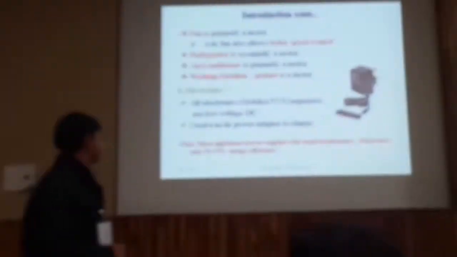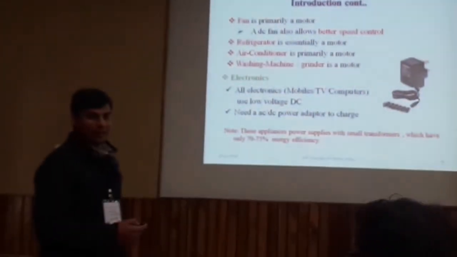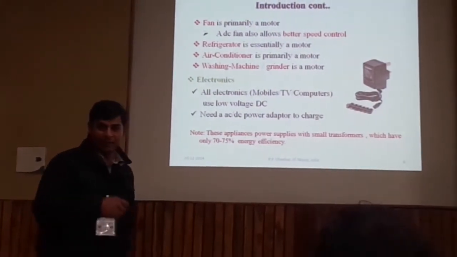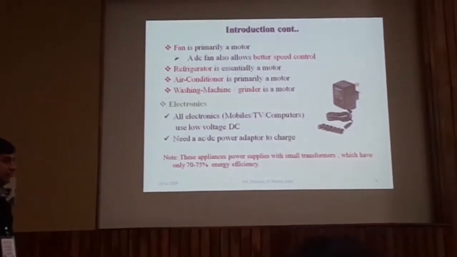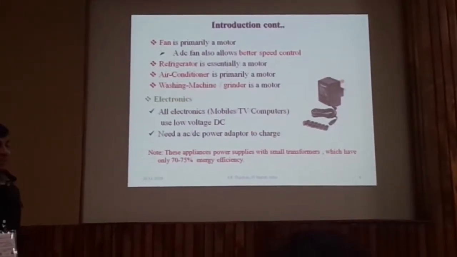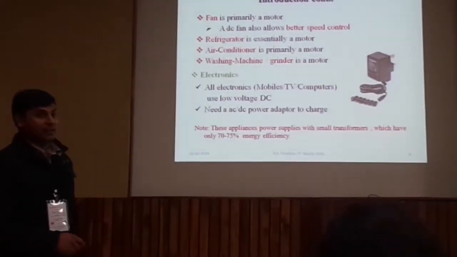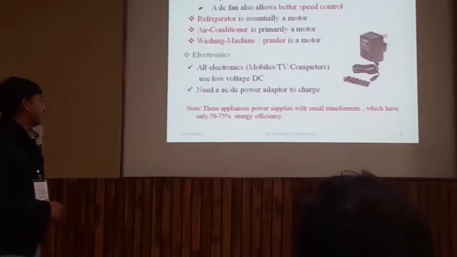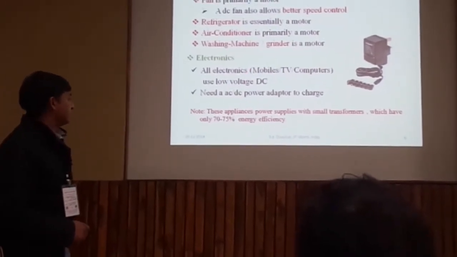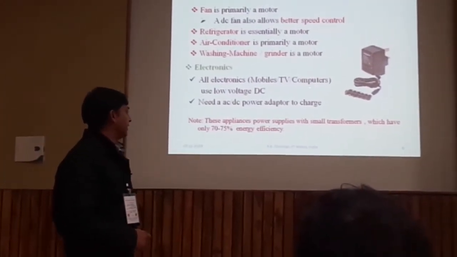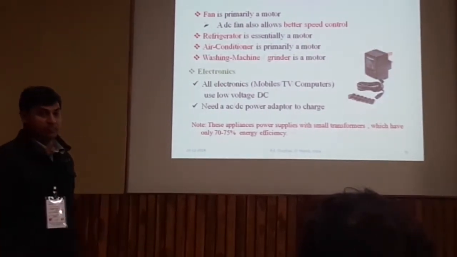Refrigerators, air conditioners and washing machines are all primarily DC, so we can use a BLDC motor inside them. It will increase the efficiency of the appliances, meaning the power consumption inside the appliances will be less. And all electronics like mobile, TV and computer use a DC supply.